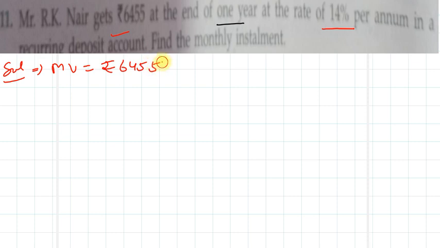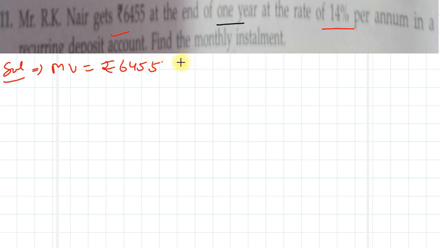Now Mr. R.K. Nair gets rupees 6455 at the end of 1 year at the rate of 14% per annum in a recurring deposit account. Find the monthly installment. So what is given here is matured value. Matured value is rupees 6455.